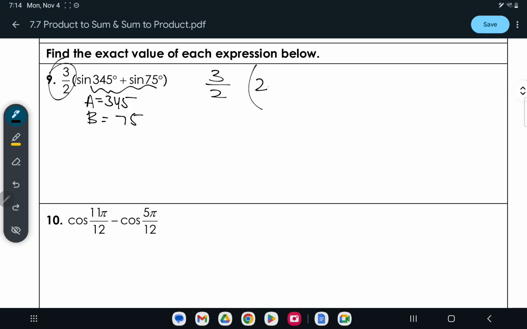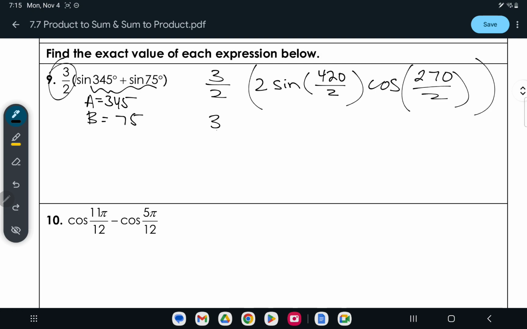So I get 2 sine of (A plus B) over 2, so 345 plus 75. And then cosine of (A minus B) over 2, so 345 minus 75, so 270.